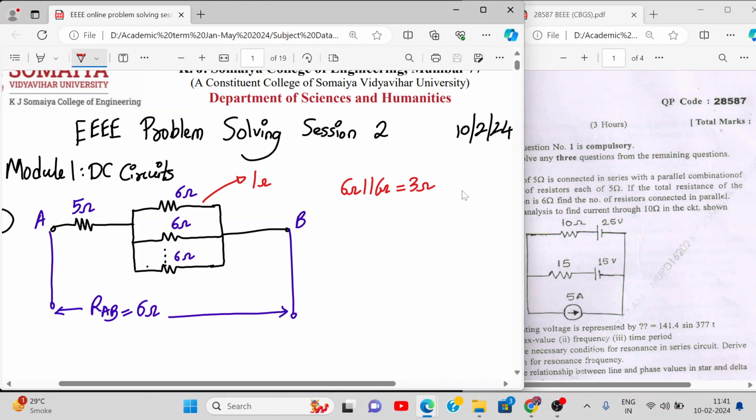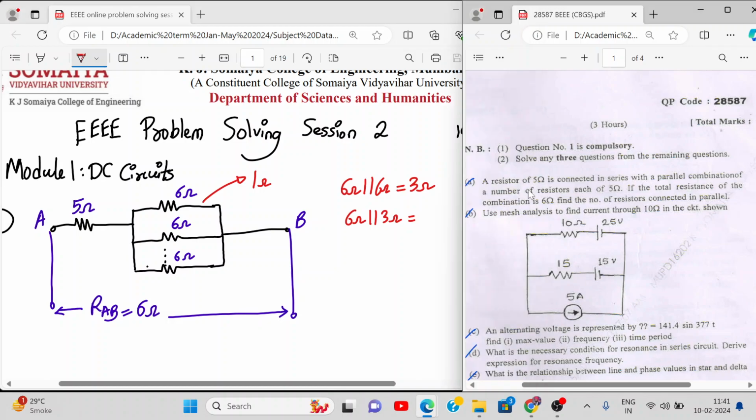Then you connect another 6 ohm parallel to this 3 ohm. So how much is this? The 5 ohm is connected in series with resistors each of 5 ohms, right?